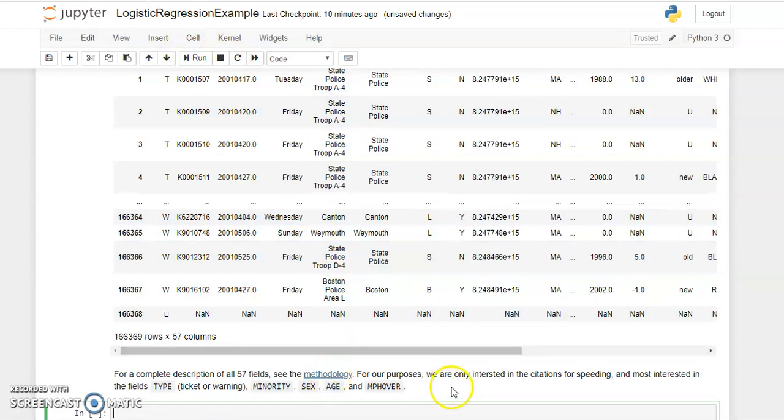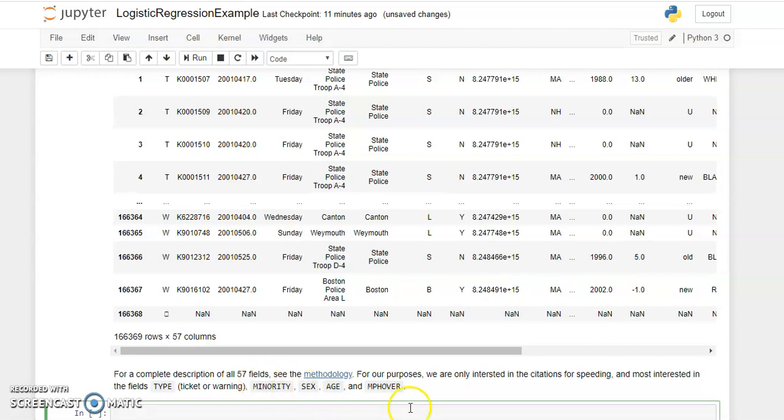But the methodology actually goes into not just the description of what is in the data set, but really everything the Boston Globe did. So it's really worth looking at and reading through, of course, in order to understand what's going on. One thing is that it includes violations other than speeding. Speeding is the one that we want to analyze and is actually the bulk of the data here.